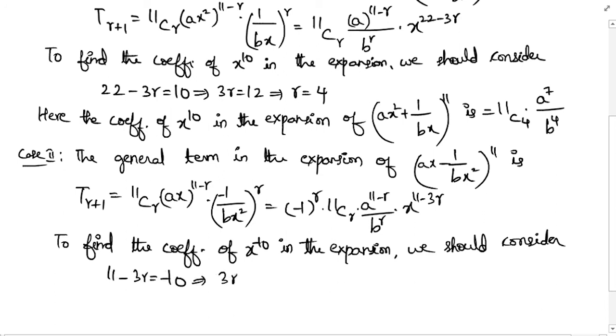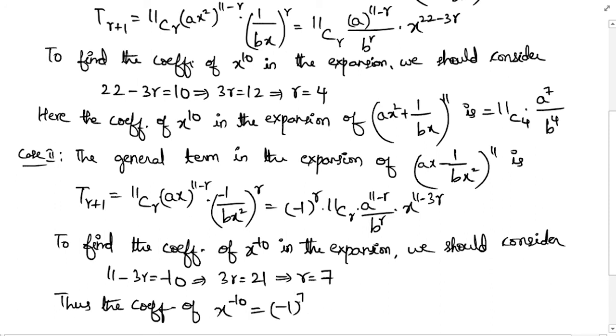That implies 3r is equal to 21, which implies that r is equal to 7. Thus the coefficient of x^(−10) is equal to (−1)^7 into 11C7 a^4 divided by b^7.